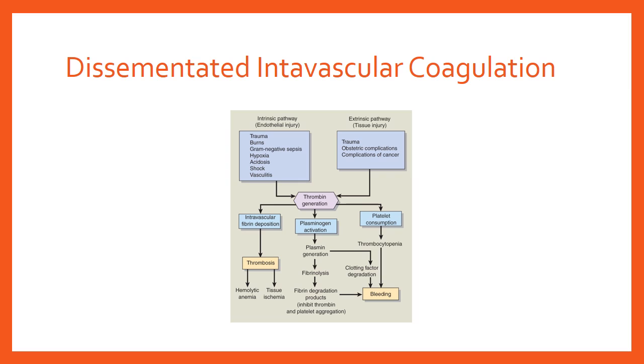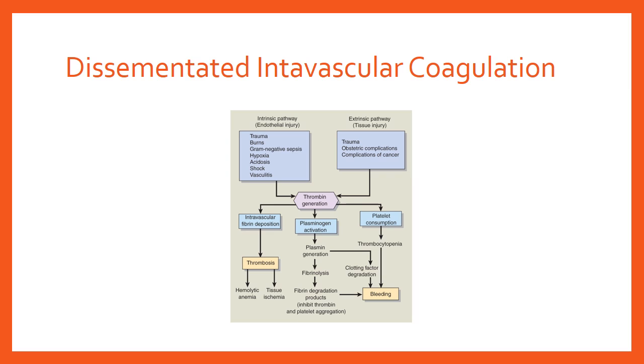Extrinsic at the same time may occur when tissue factors become activated. And the extrinsic pathway is very common in OB/GYN disorders, obstetrics complications, basically, that's the extrinsic factor. So also complications of cancer may lead to this, and also big trauma. But the intrinsic pathway, it's really endothelial injury.